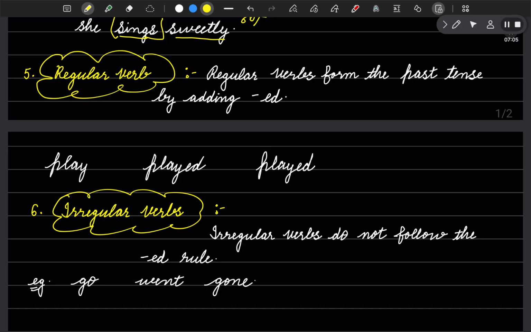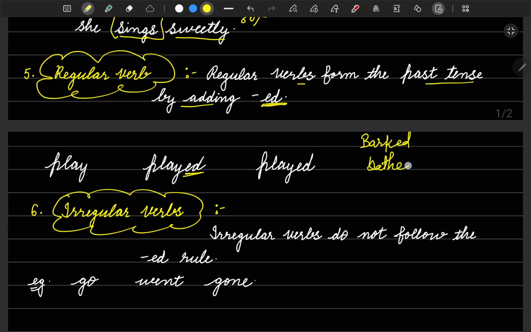Now next is regular verb. What is regular verb? Regular verbs form the past tense by adding ed. The verb in which we have ed at the end, like played, for example, barked, bathed. If the verbs end with ed, then they are regular verbs.